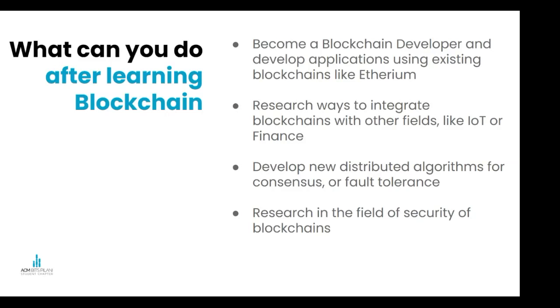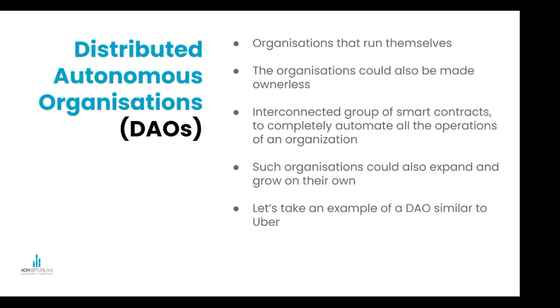Now, let me talk about one of the proposed applications of blockchain, which makes the technology pretty exciting for me personally. I'm going to talk about distributed autonomous organizations. They are known as DAOs, and they are basically a large number of smart contracts which are interconnected in their functioning. What we could do with this group of smart contracts is make an organization that runs itself.